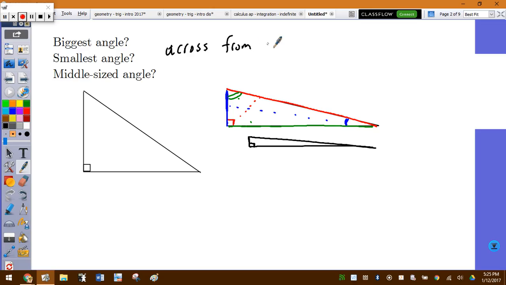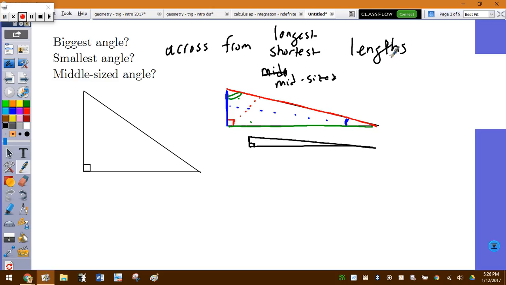Across from longest, shortest, and mid-sized side lengths. All right, so you have this nice relationship where the biggest angle and the biggest side are across from each other, and so on and so on.